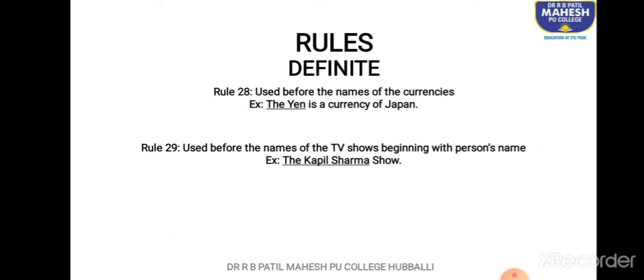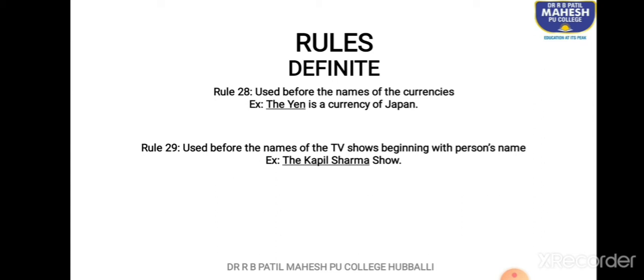Next up, used before the names of the TV shows beginning with a person's name. So it becomes very vital to use definite article along with the names of TV shows only when the name of a TV show begins with a person's name.